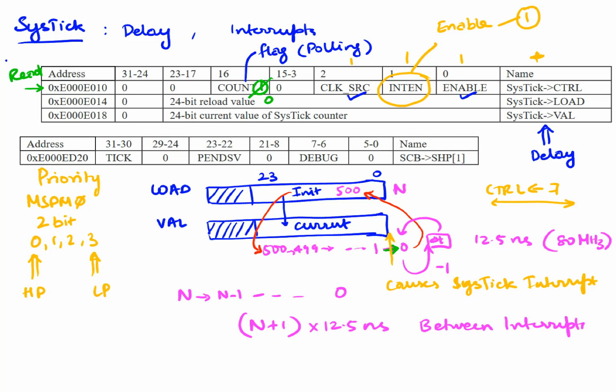We have to choose a priority for our SysTick, and we can choose any of these; we're going to choose a priority of 2, let's say. That means a priority 0 or 1 interrupt could actually interrupt a SysTick, but priority 2 and 3 would then be postponed. They're put on hold, but they're not lost.